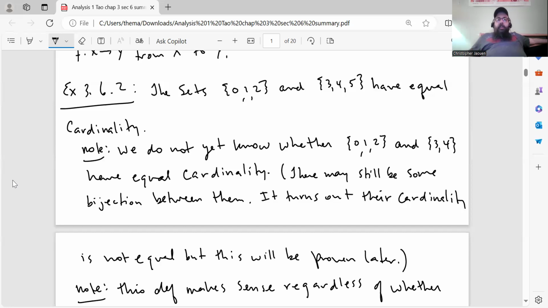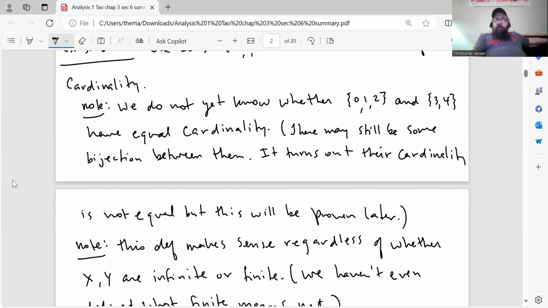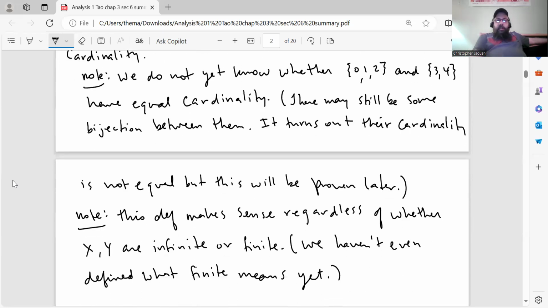There may still be some bijection between them, even though the obvious function between them would not be a bijection, but there may be one that works. It turns out that the cardinality is not equal, but this will be proven later on once we have some more definitions and theorems.